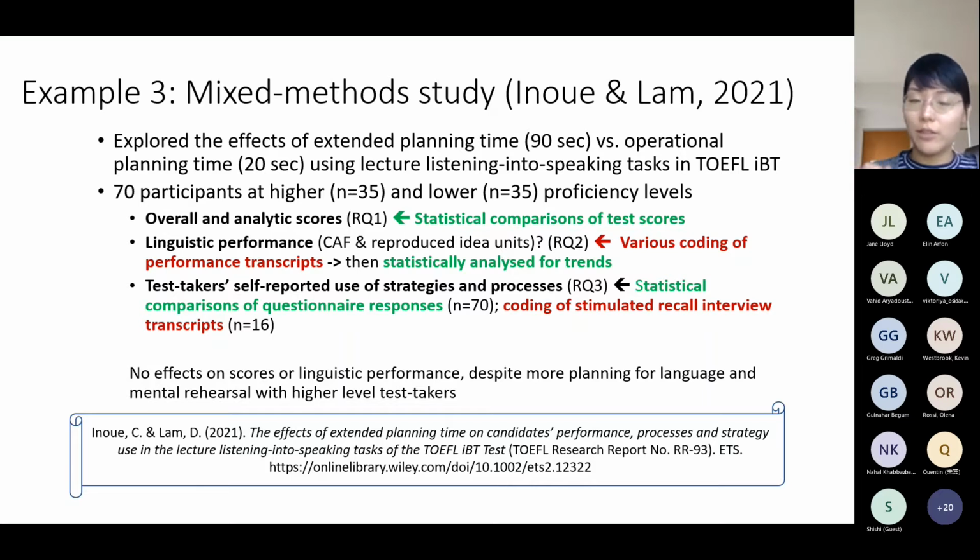Firstly, we were coding the performance transcripts quite qualitatively and then counted different variables and then submitted them to statistical analysis for trends. And then the third one, test taker self-reported use of strategy and processes, we submitted to statistical analysis, and for interview transcripts, we coded using thematic analysis.